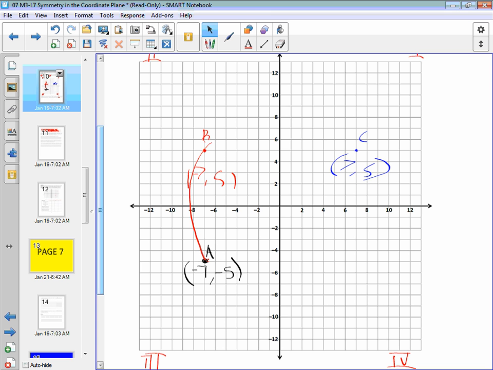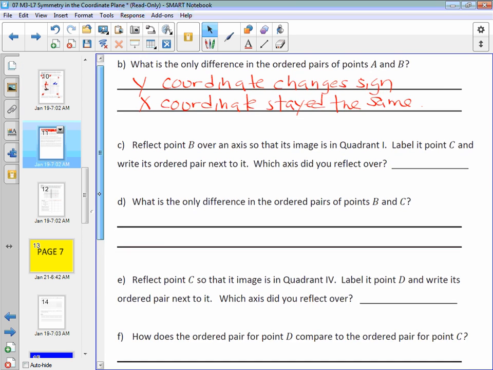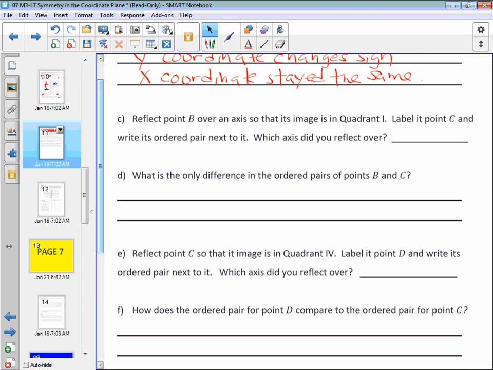We're good. All right. So now look, which coordinates are different and which are the same? Christian. Good. The x-coordinate flips sign from negative to positive, and then what did the y do? Y stays the same. What did we reflect over? Chad. Yep.